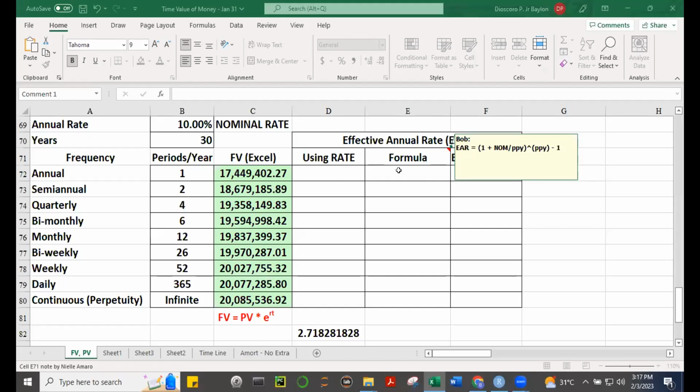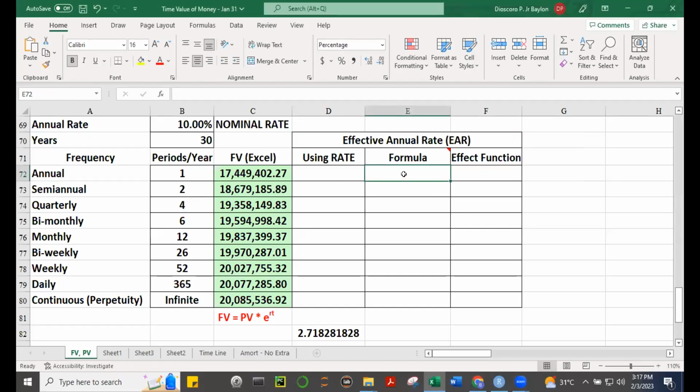Okay, so for this one, using the formula which I shared with you here, it's equal to 1 plus the nominal rate divided by the periods per year. That's your interest per period. And then we raise it to the number of periods per year and then subtract 1.